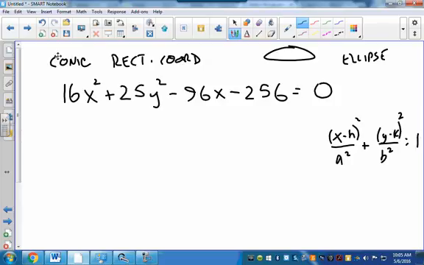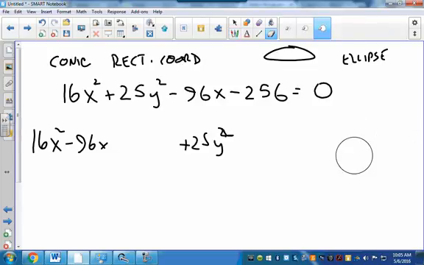Go ahead and complete the square in x. You don't have to complete the square in y. That's already done for you. Just like yesterday, you start this way. Don't forget to leave a gap. And then go ahead and check your constant. Complete the square in x, factor out the 16. Put in the right number, add it to both sides, and you're just about done at that stage.